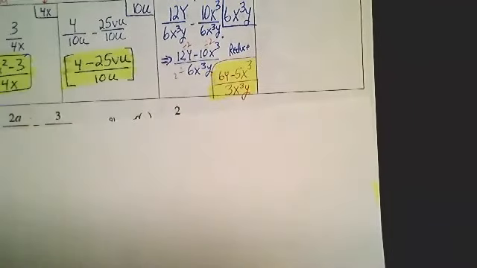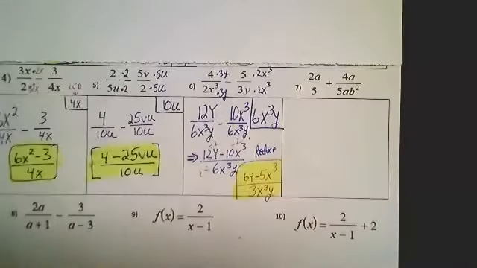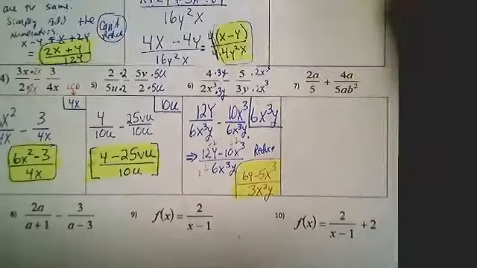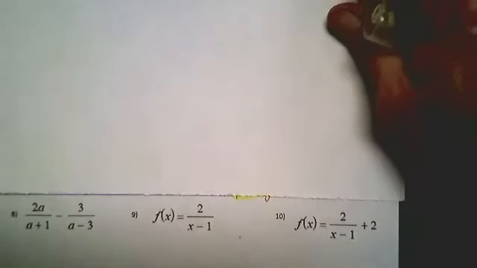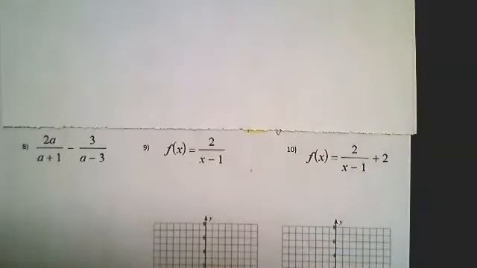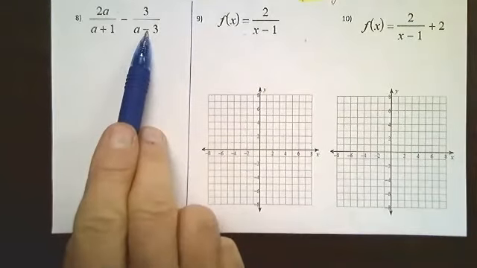I'll let you handle 7. I'm going to come down here. I'm going to show you how to graph. Actually, I will get you the beginnings of number 8. First of all, you notice you got a binomial here and a binomial here.